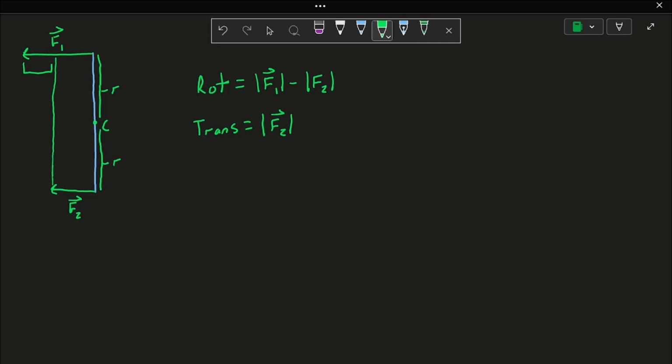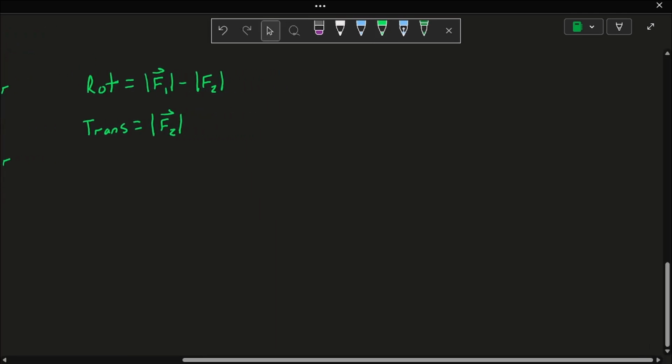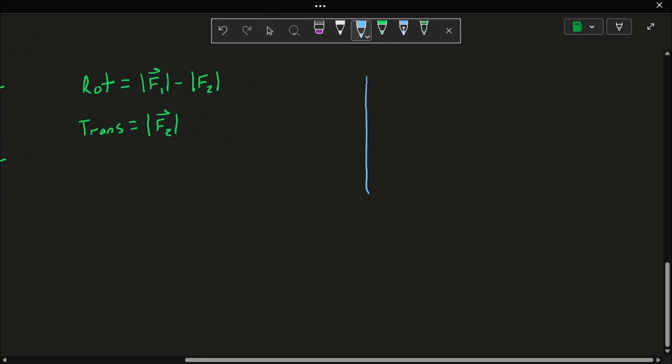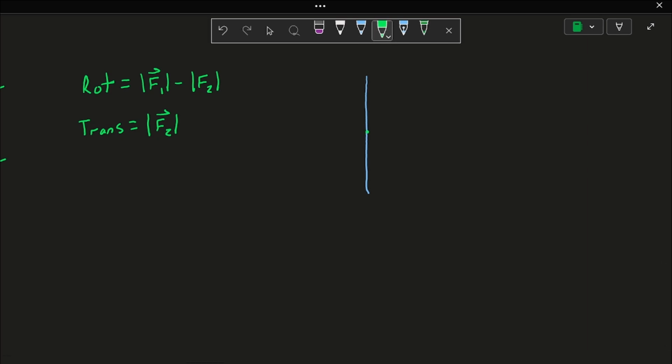It is also important to note that if these were not evenly distributed around the center of mass, then our torque would be different on each, and that would add an additional layer of complexity to these computations. It's also important to note that, say we had a rocket again, and we had our center of mass, and we had one force being applied this way, F1, well, I'll call that F2 for consistency.